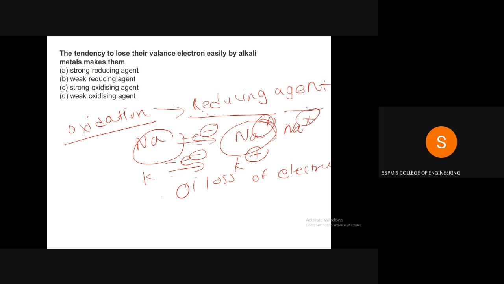Hence, these are strong reducing agents. So the tendency to lose their valence electron easily makes alkali metals strong reducing agents.